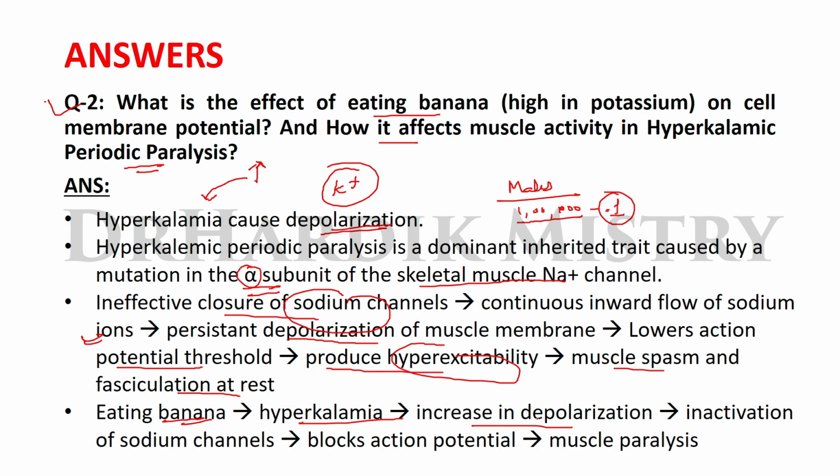When patients of hyperkalemic periodic paralysis eat banana, in which there is already a mutant alpha subunit of the skeletal muscle, so that inefficient sodium channels are present, and when they eat banana which is high in potassium, it increases the depolarization, so that there is inactivation of the sodium channels, and hence it blocks the action potential, and muscle paralysis will be the result.